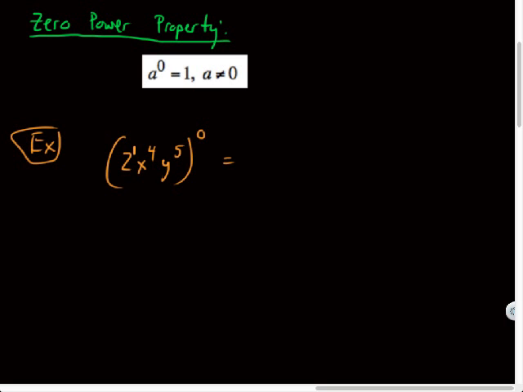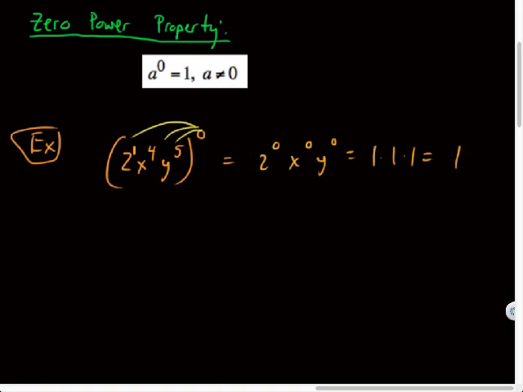Well, we could use our power of a power property and actually distribute over it. It turns out that's doable. We would get 2 to the 0, x to the 0, y to the 0. 1 times 1 times 1 is 1.